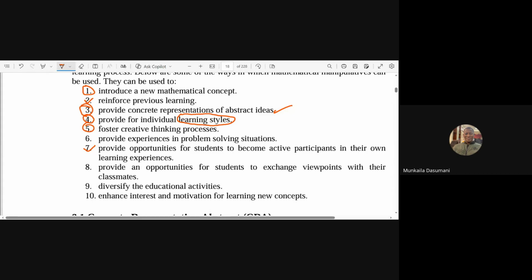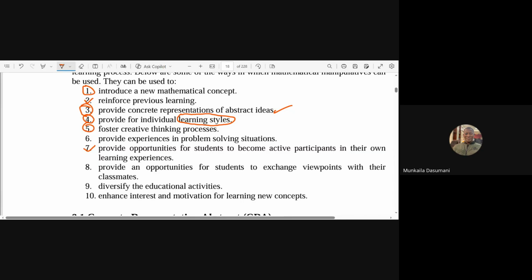All right, that's very fine. We are going to learn something about CRA very soon: concrete, representational, abstract. That is good, very fine. It makes it concrete, they will feel it. But I think the part missing was the abstract nature, where the students use symbols, numbers, and equations to represent.